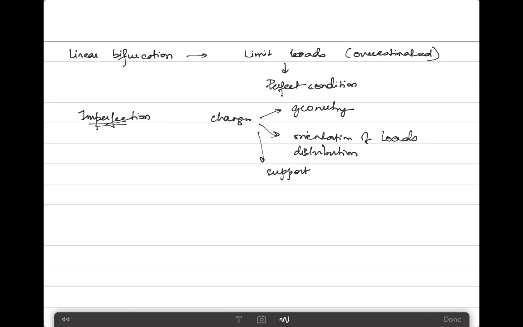The limit point of an actual thin-walled shell, for example, when you calculate it using a linear buckling analysis, let's say that your load that you get is 100% of the limit load. That's what you calculate using your finite element analysis. However, with all the imperfections included in your structure, your limit load with imperfections for a real structure may hardly be 10% of your limit load that you've calculated.